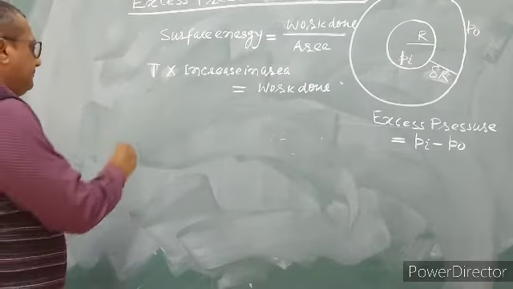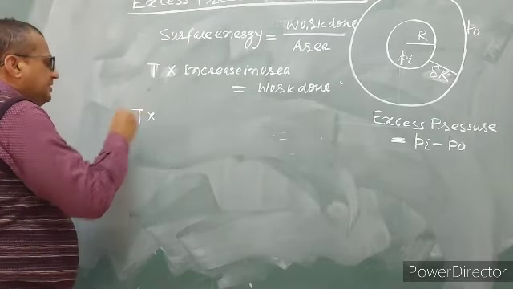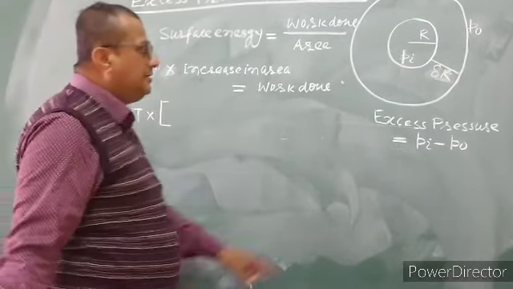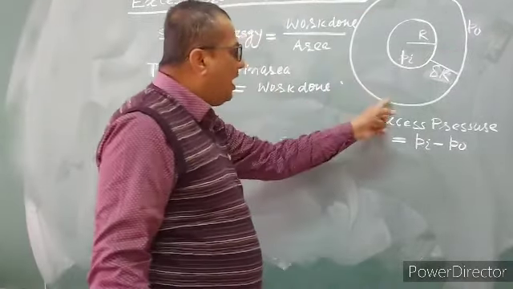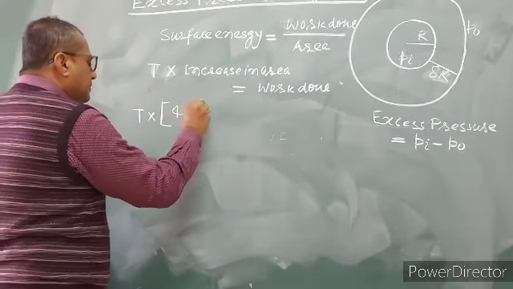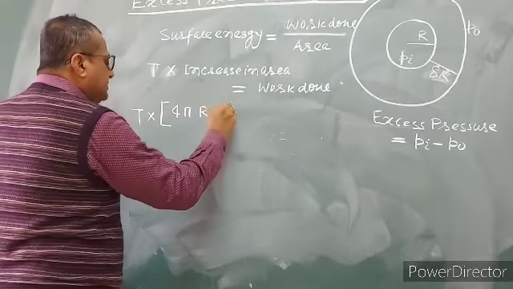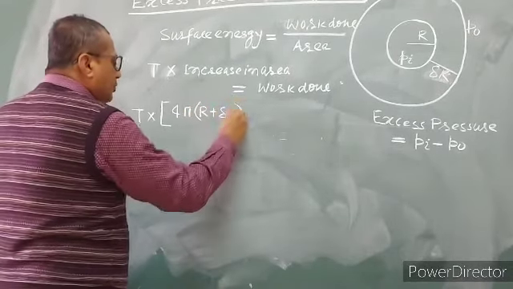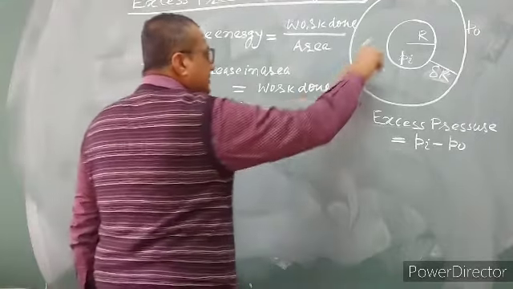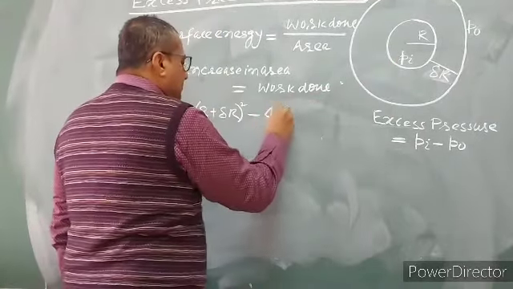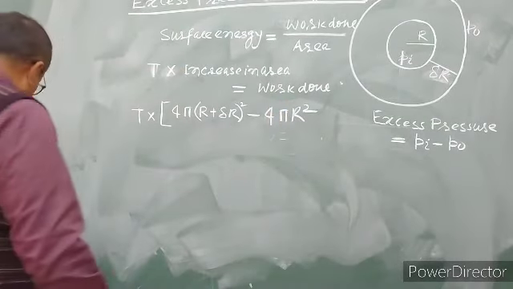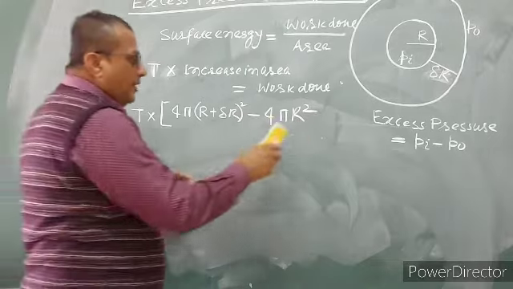This is the T. Increase in surface area: the surface area is 4 pi (r plus delta r) whole square, minus the original area 4 pi r square, and this is equal to work done.